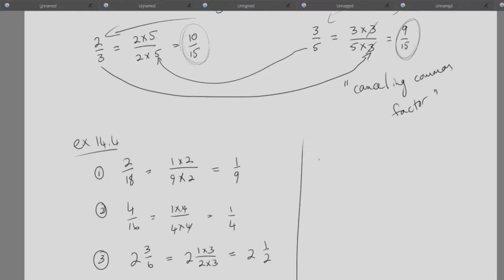Let me just do one on the side here. If we simplify, let's make it number 4. An improper fraction, let's say 18 over 12. Well, I can simplify. I can write this as what? What goes in there? 3. 6 times 3, 4 times 3. So that's 6 over 4.